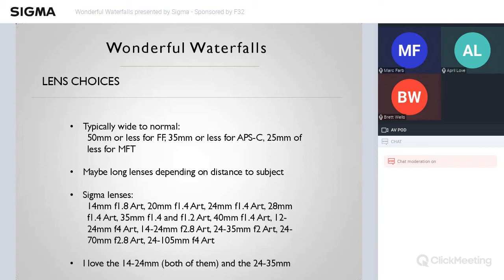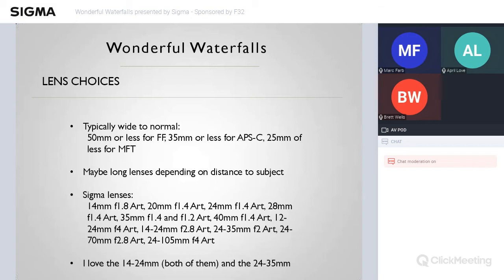There are times that I have done waterfalls with a 70 to 200, when something is on the other side of a pond or at a greater distance, and you need a longer focal length, but that's not typical. There are times that you might want something as wide as a 14, but again, that's the other extreme.